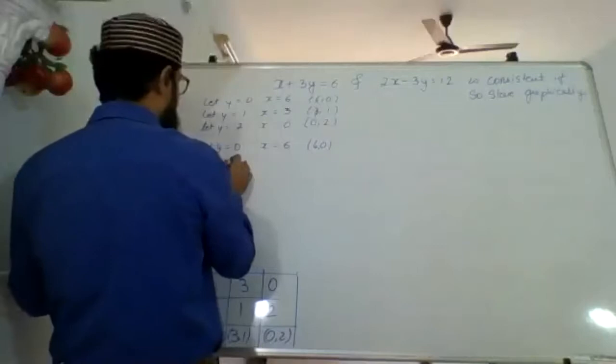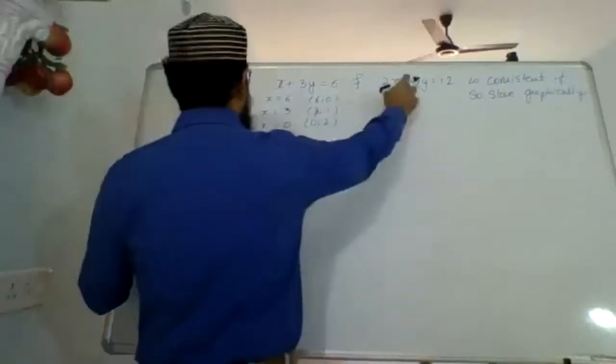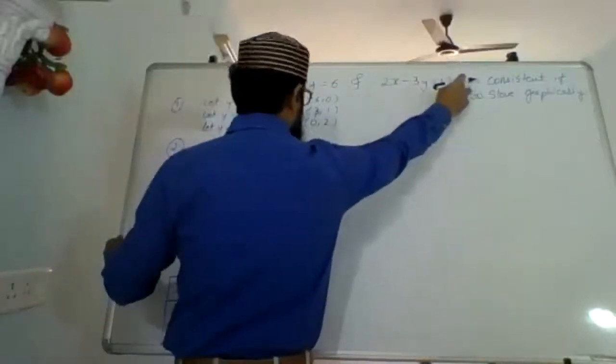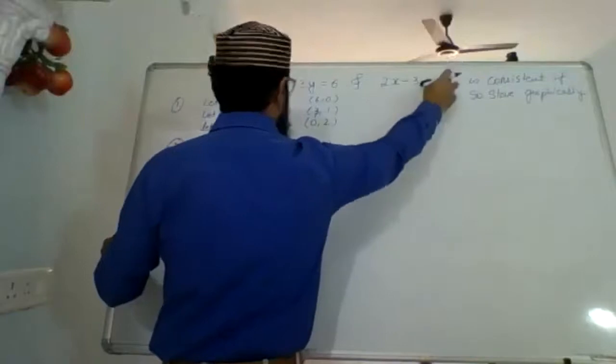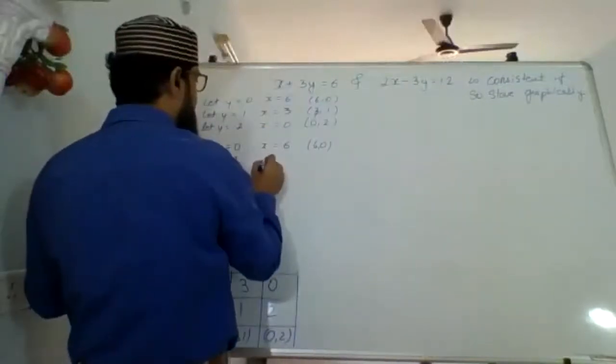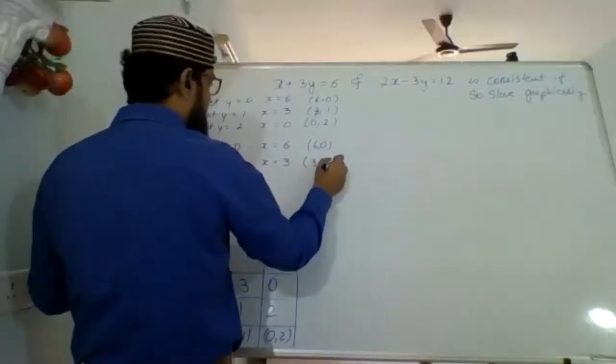Instead of that, I'll take y equal to minus 2. Minus 2 into minus 3 is plus 6. Plus 6, when it goes this side, becomes minus 6. So 2x equals 12 minus 6, that means 2x equals 6, x equals 3. So 3 comma minus 2.